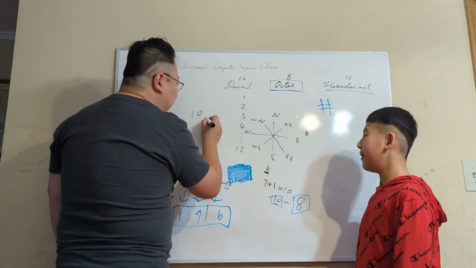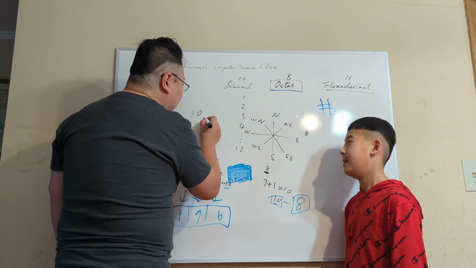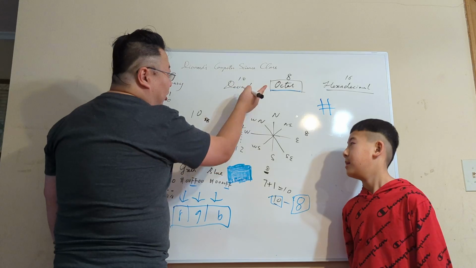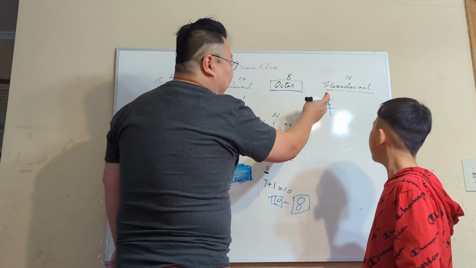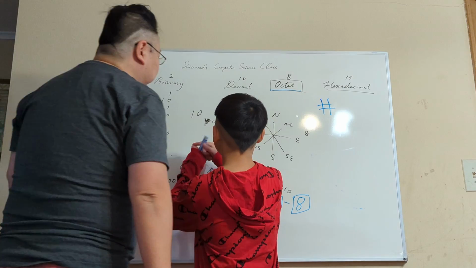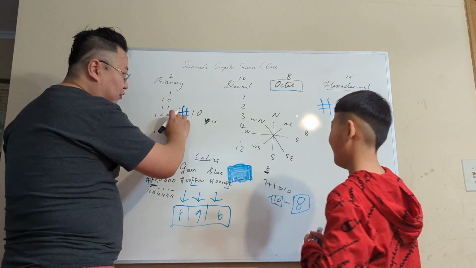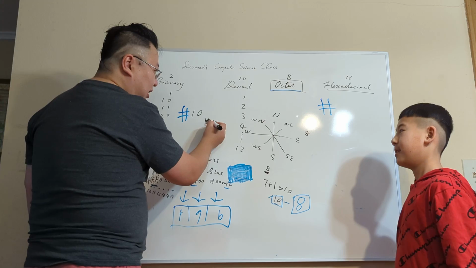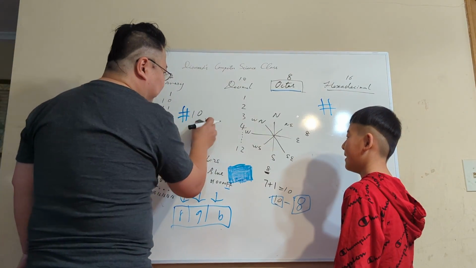If I write 10 here, it's decimal. If I write 8 here, it's octal. And if I write 16 here, it's hexadecimal. You can also use a pound sign, but if you are not using a pound sign, you can do it this way, with a very tiny base number here.